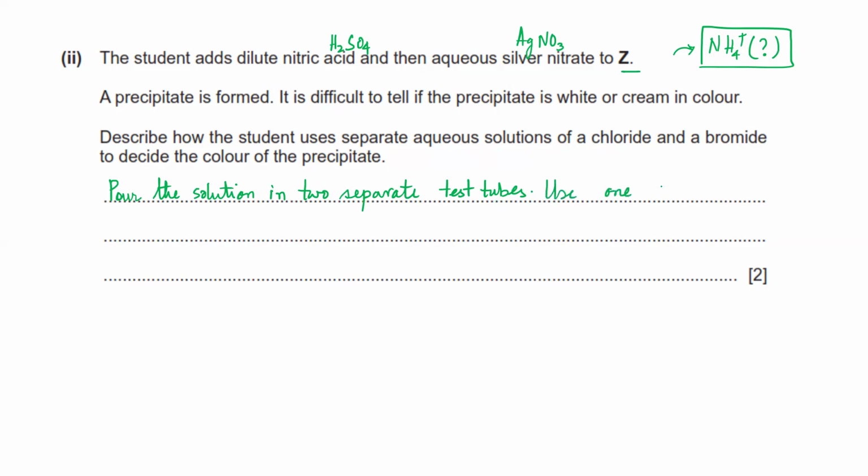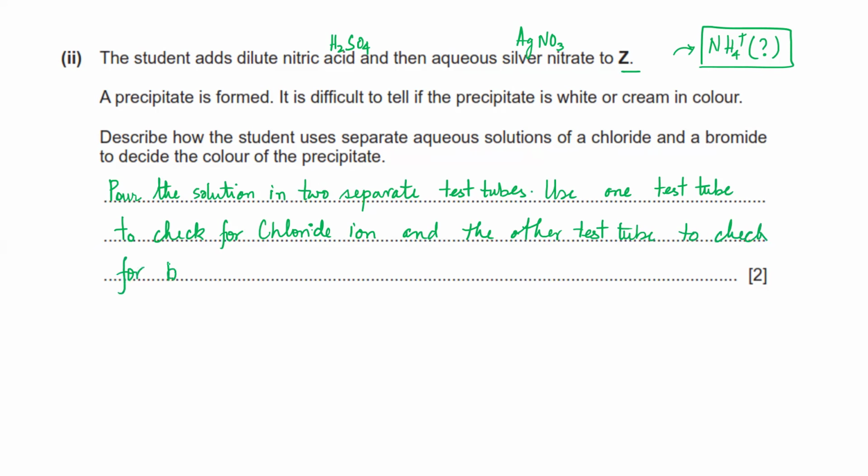Use one test tube to check for chloride ion and the other test tube to check for bromide ion. Well, that's it. So you just describe how the student uses two separate aqueous solutions of chloride and bromide to decide the color of the precipitate.